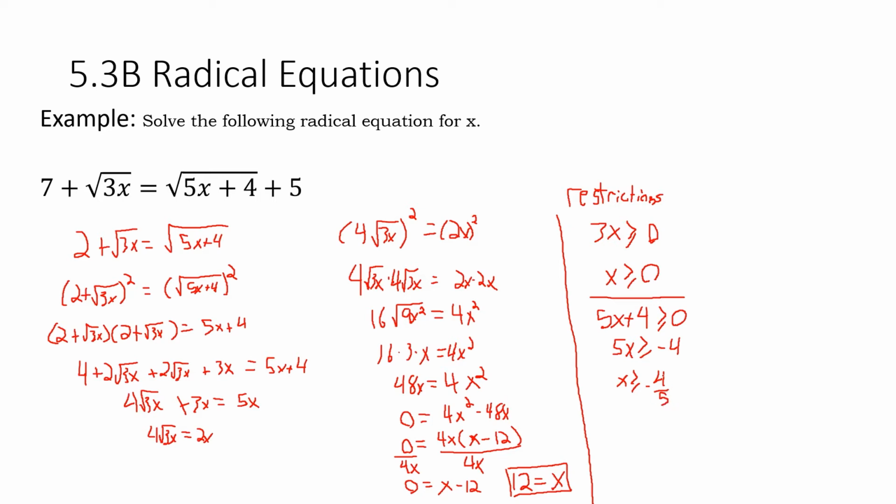So remember, having these two restrictions, one of them kind of becomes invalid. If x were to be something in between these, it would satisfy one of them but not the other.